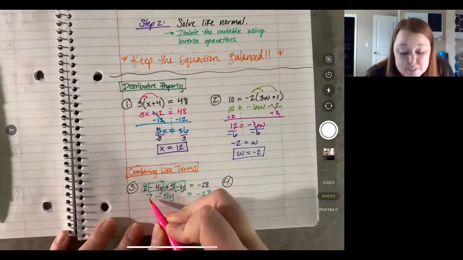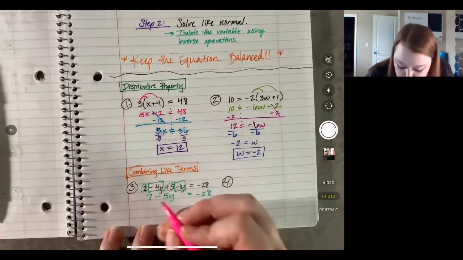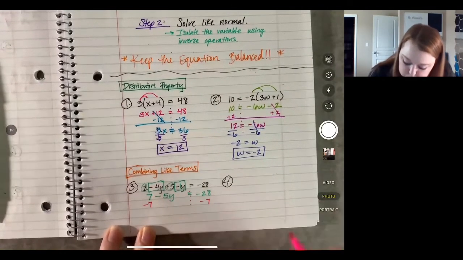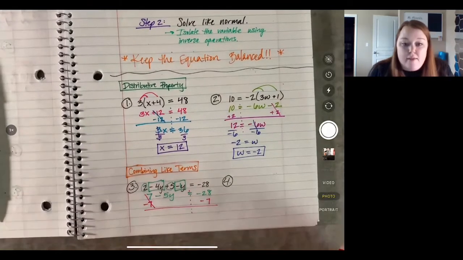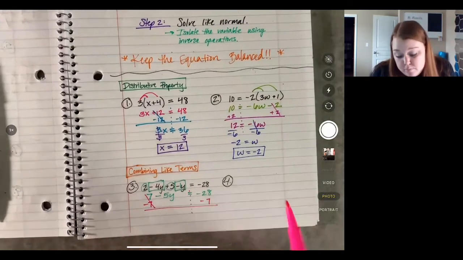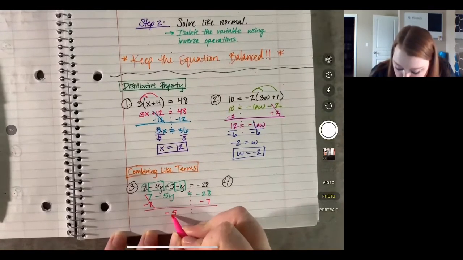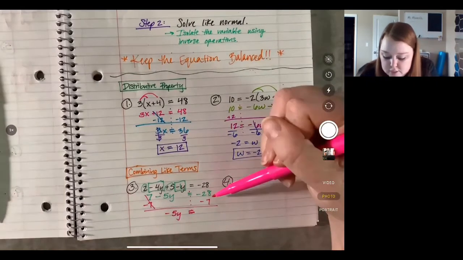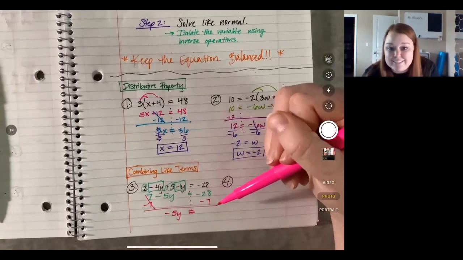That's a positive 7, right? We look at the sign in front of it. That's a positive 7. So I'm going to subtract 7 on both sides. And then when I drop down that term, keep in mind, you've got to keep the sign that's in front of it. That's a negative 5y equals, and then on the right side, careful with your math here, negative 28 minus 7.